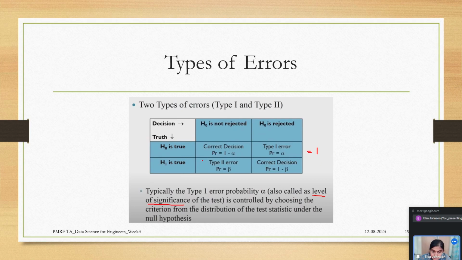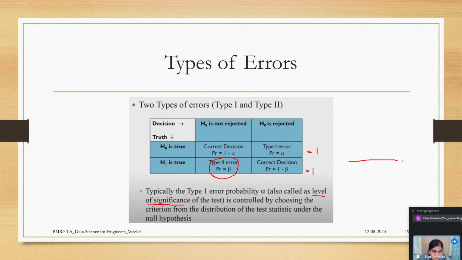But in some cases we might not reject it, and that results in a type 2 error, whose probability is given by beta. The correct decision has probability 1 minus beta. So this also amounts to 1, the total probability. Based on this, you might have seen a graph which shows the trade-off between the two cases.